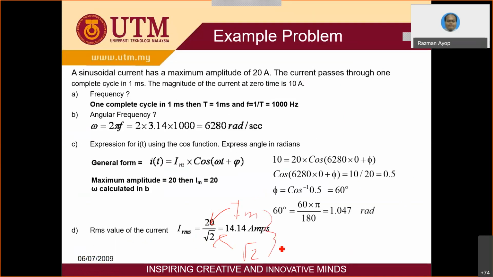This is true for sine waves only, either sine or cos. If you have a rectangular waveform, you cannot use this.